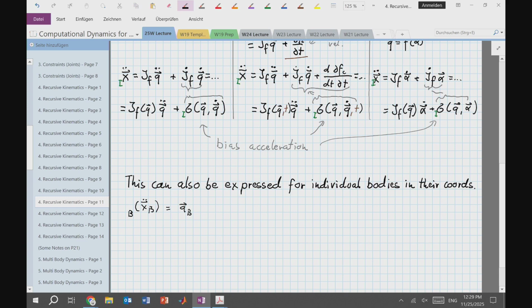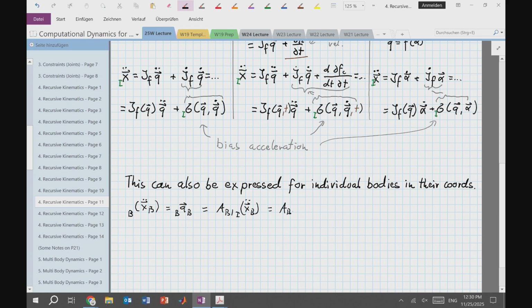This is what we mean when we say what we said before, A_B, the acceleration of body B in B coordinates.